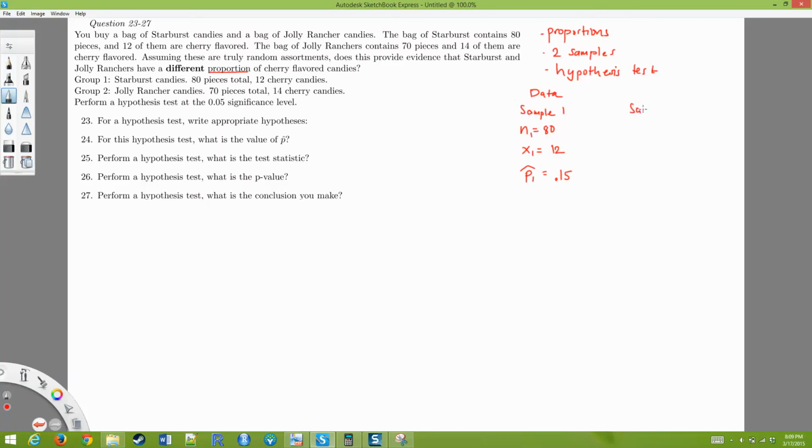Sample 2 will be the Jolly Rancher candies. n2 is 70, x2 is 14, and p hat 2 will be 14 over 70, 20%, 0.2.